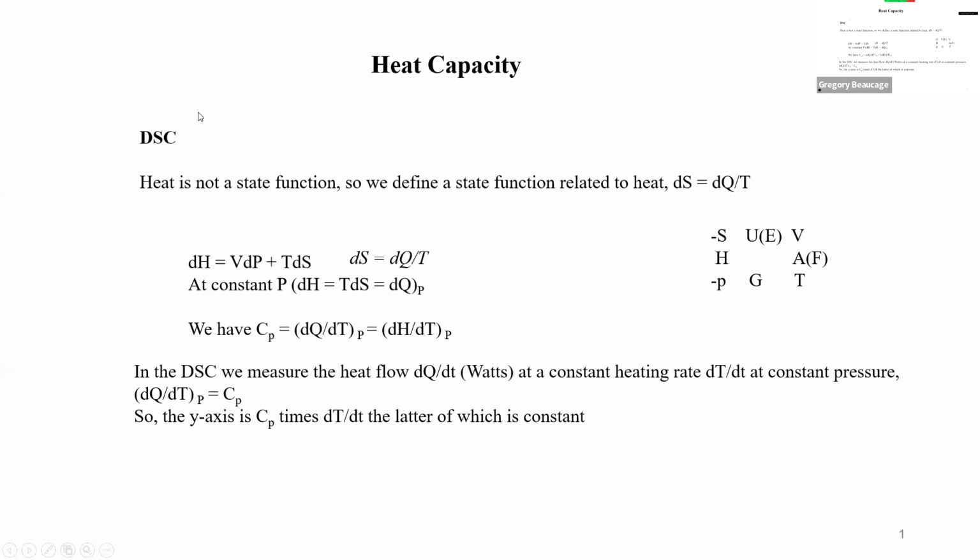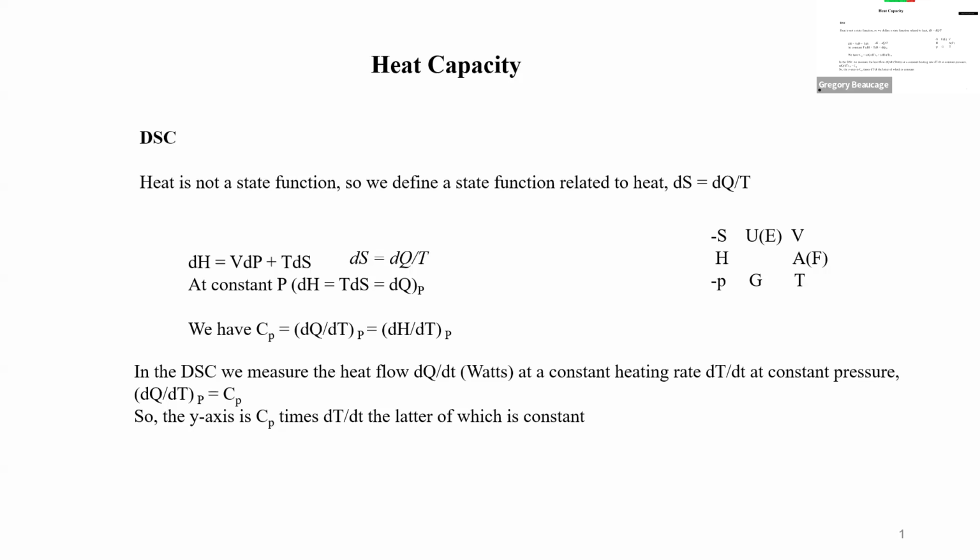Anyway, I wanted to go through heat capacity. There are three parts to heat capacity. First, you have the gases, which might be where you've seen it before, from something like Chem 101.